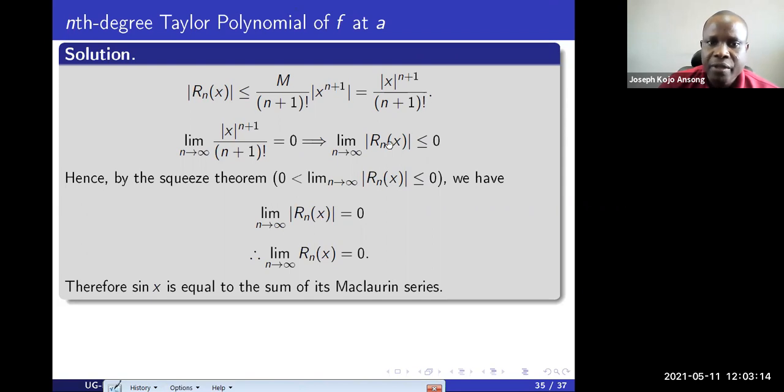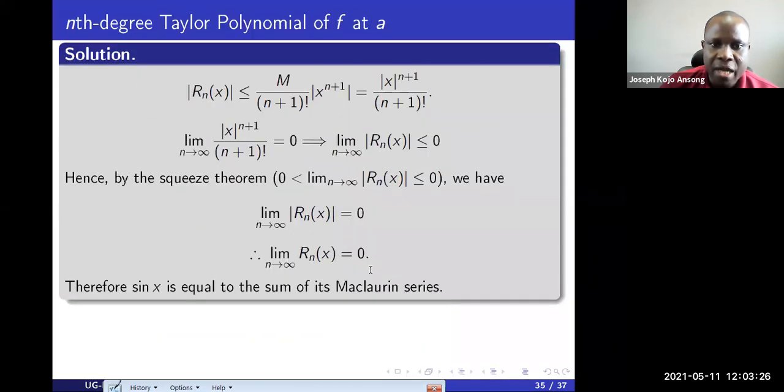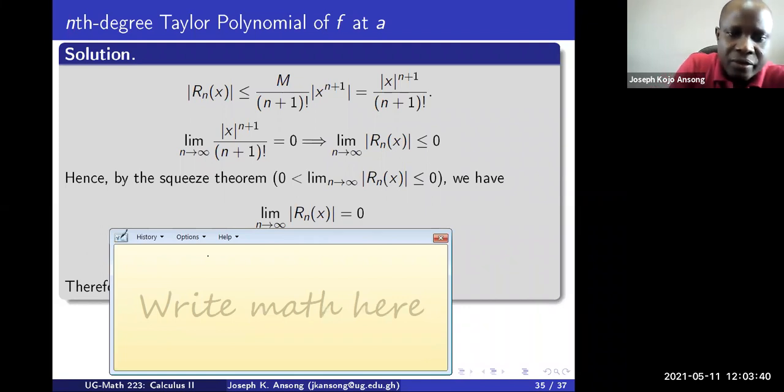Note that if I find the limit as n goes to infinity of this expression, it goes to 0 using this theorem. So I know that this limit will go to 0. But note that the absolute value of Rn, because of the absolute value, has to be greater than or equal to 0.